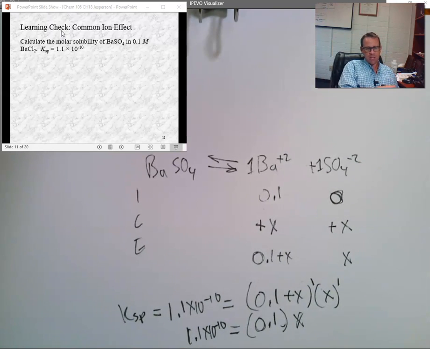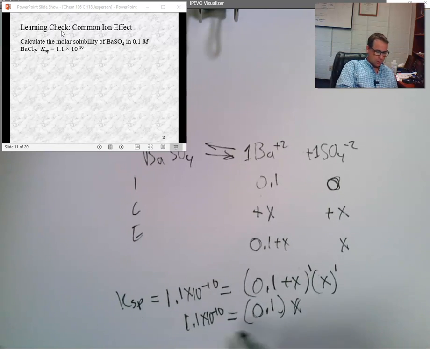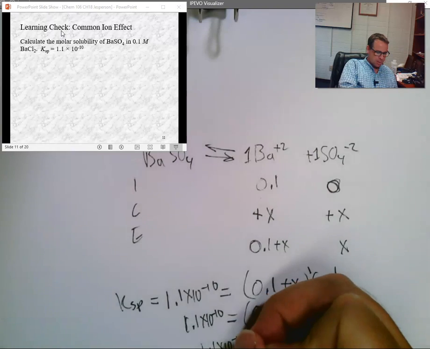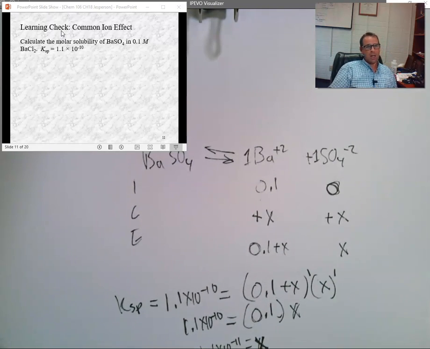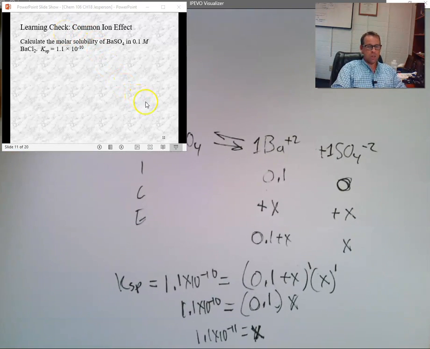So 1.1 times 10 to the minus 10 equals 0.1 times x. Divide this by 0.1, and x is equal to 1.1 times 10 to the minus 9. Sorry, I first said minus 11, but 1.1 times 10 to the minus 10 divided by 0.1 is 1.1 times 10 to the minus 9. So that is our molar solubility of barium sulfate.